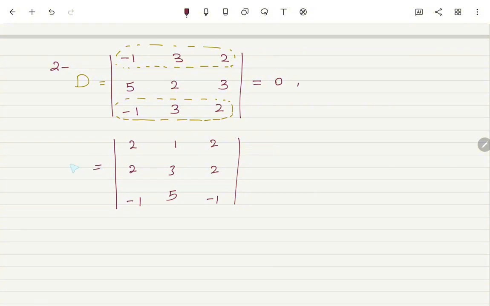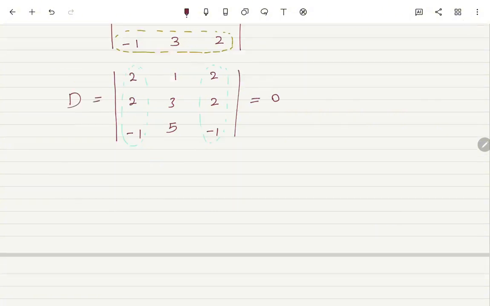And in this determinant here, as we can see here, the first column is identical to the third column. The value for this determinant is equal to 0 as well. So if we have two identical rows or two identical columns, the value for the determinant is equal to 0.